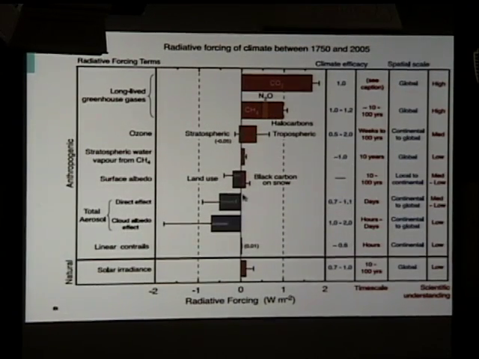Aerosols are suspended liquids and solids in the atmosphere. When there's a hazy day, when you go to Beijing or Shanghai, it's high aerosol loading. They reflect sunlight, but how much aerosols reflect sunlight depends on the size of the aerosol. You can do a very simple calculation.